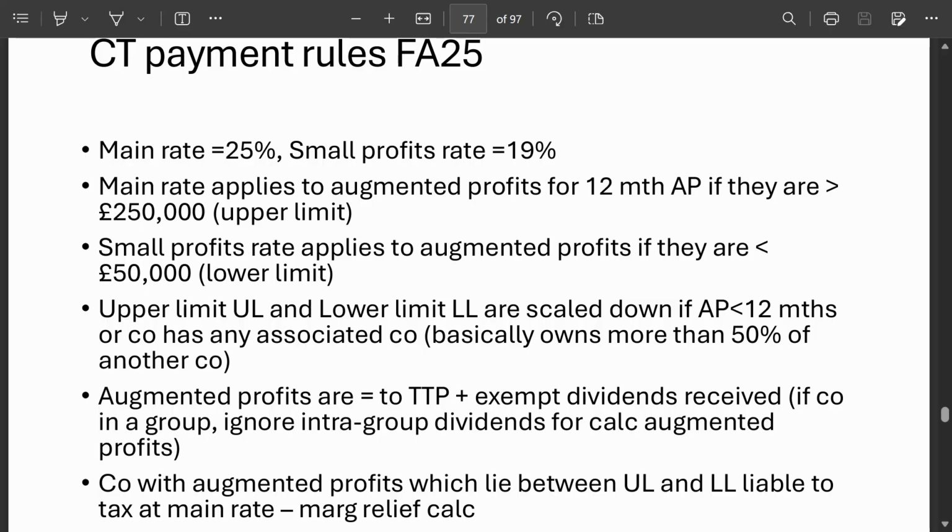If you remember when we were doing capital gains, we looked at principal private residence relief, PPR relief, where we calculate the actual and deemed occupation as a numerator, and the period of ownership as a denominator, and then we apply that ratio to the gain, and that gives you the amount of PPR relief.